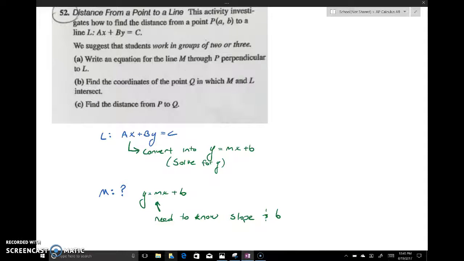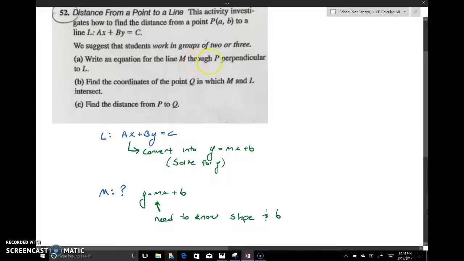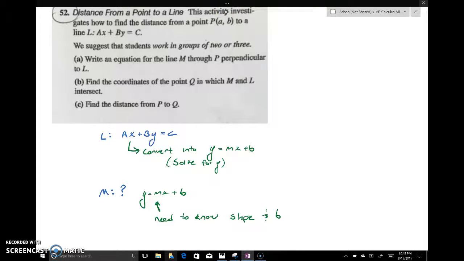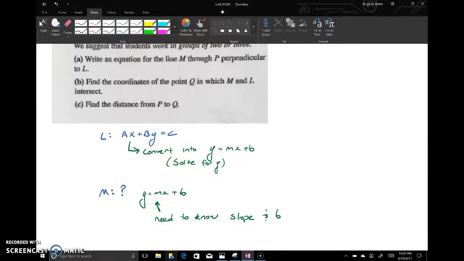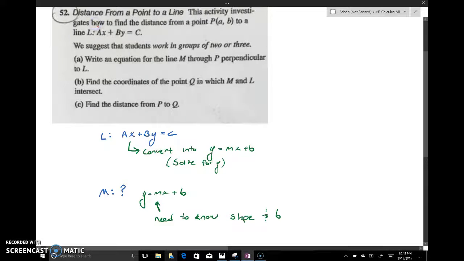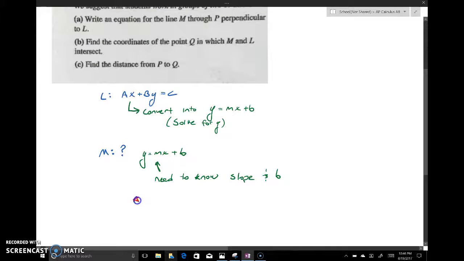Now, they gave us some information. They told us line M is perpendicular to L. So that's our next little bit that we need to remember. Let's say that I have a line that is y equals 3x plus 5.